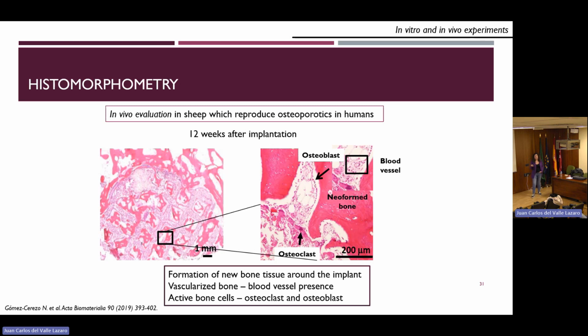It's a mechanically competent model that reproduces osteoporosis in humans. We implanted the scaffold, and after 2 weeks, we checked what was going on there. You see here the structure of the scaffold, but you see how a lot of parts are resorbed. And you see here in dark pink those areas that are newly formed bone.